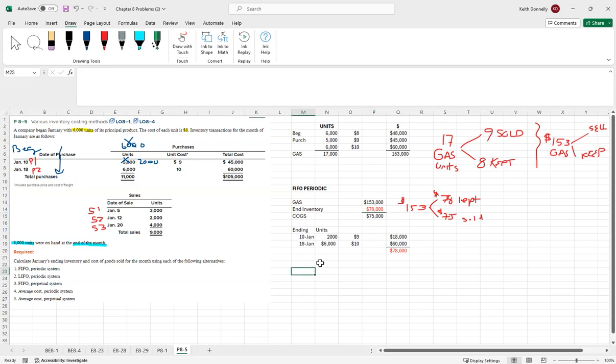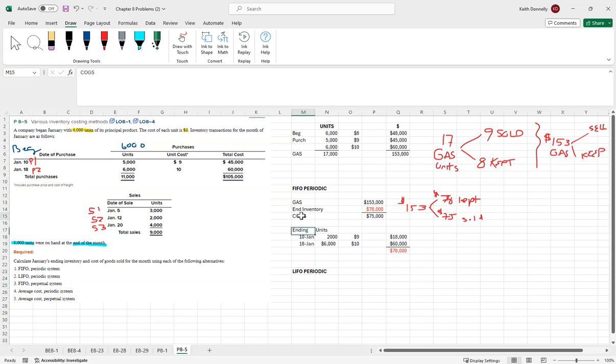All right, let me erase this over here because it's going to be sort of a different analysis each time, right? So we're going to start over. Now what's the next one they want us to do? LIFO periodic.